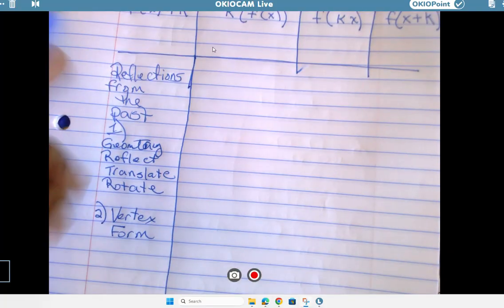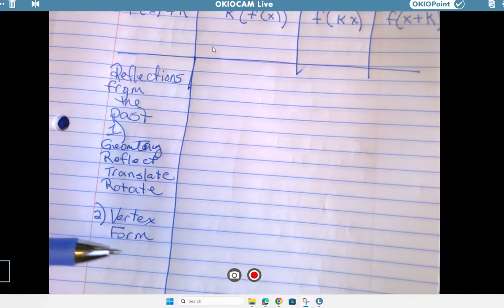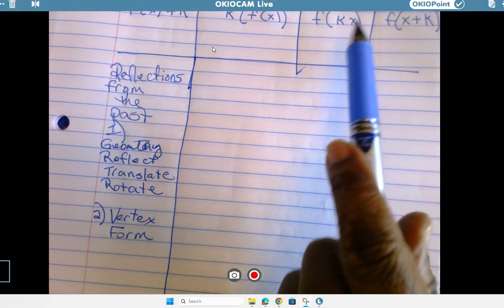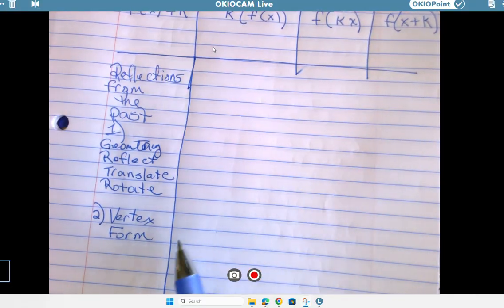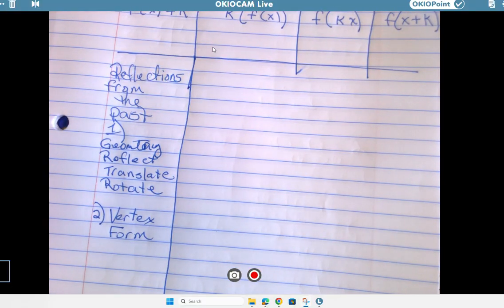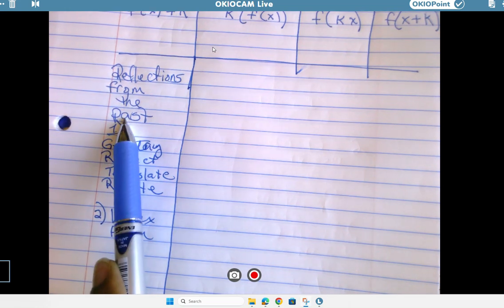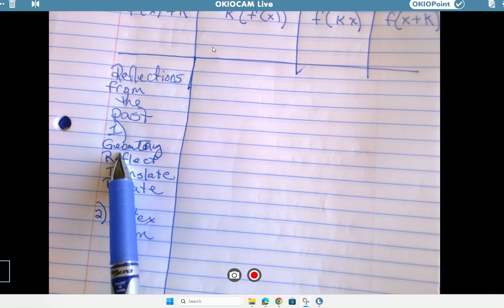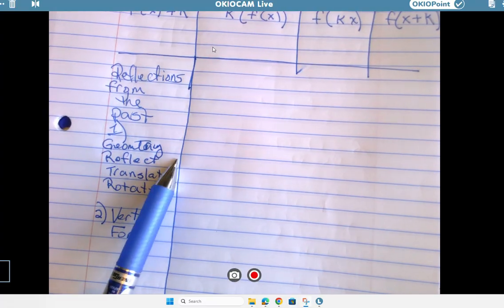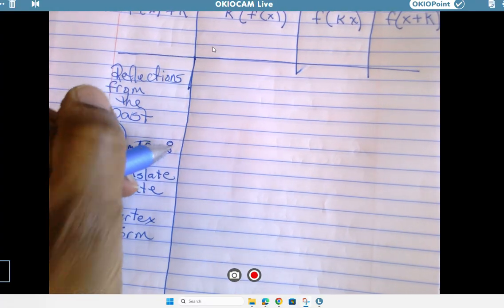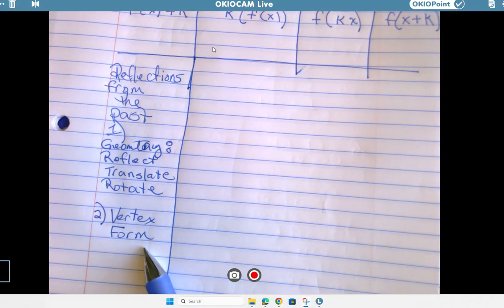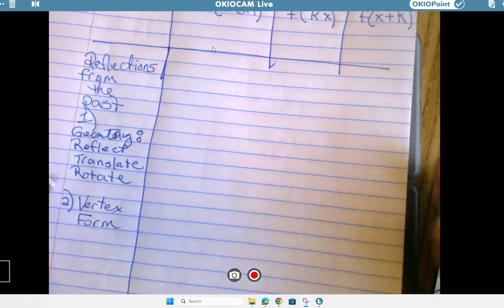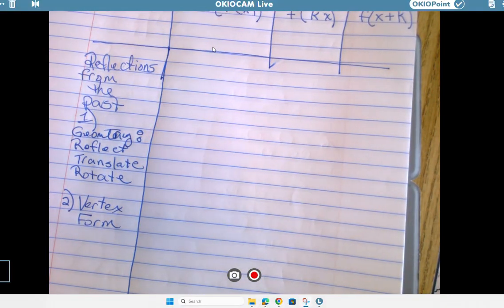We're going to put these two things together to help us understand the adjusting of these quadratic functions. Alright, so first, reflections from the past. Number one, geometry. Reflect, translate, rotate. Number two, vertex form. I want to bring back these two things to tie in to the shifting.